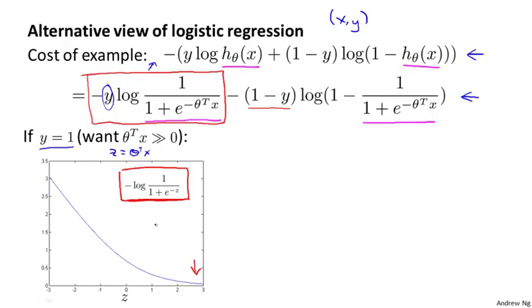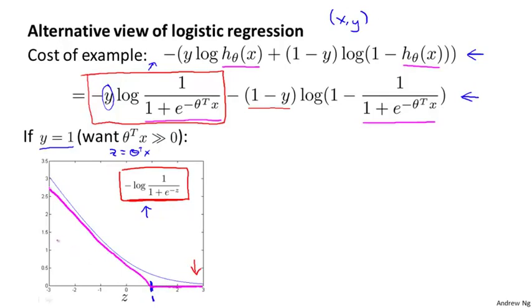We're going to take this cost function, minus log of 1 over 1 plus e to the negative z, and modify it a little bit. Let me take this point 1 over here, and let me draw the cost function I'm going to use. The new cost function is going to be flat from here on out, and then I'm going to draw something that grows as a straight line, similar to logistic regression.